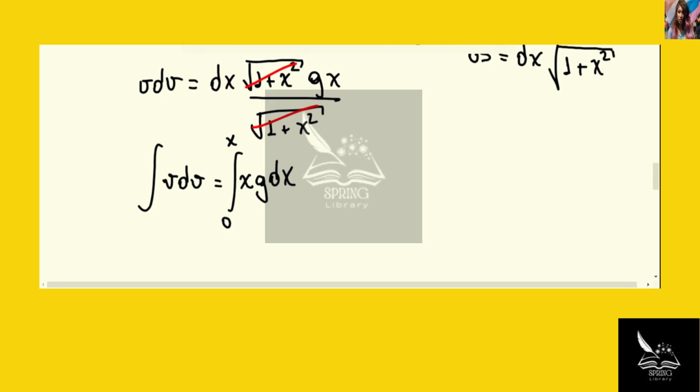When x equals 0, v is v0, and I want to find the value of v. So we have that (v squared minus v0 squared) divided by 2 is equal to gx squared divided by 2. So in the end, v is equal to the square root of v0 squared plus gx squared. This is the value of the speed as a function of x.